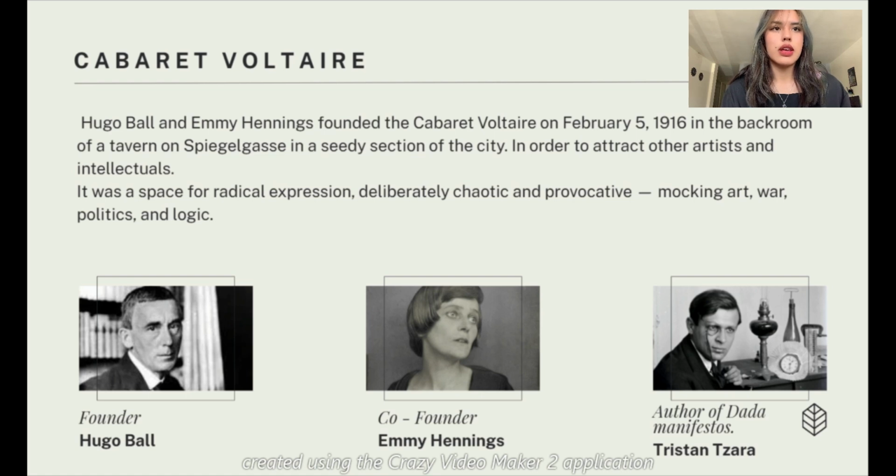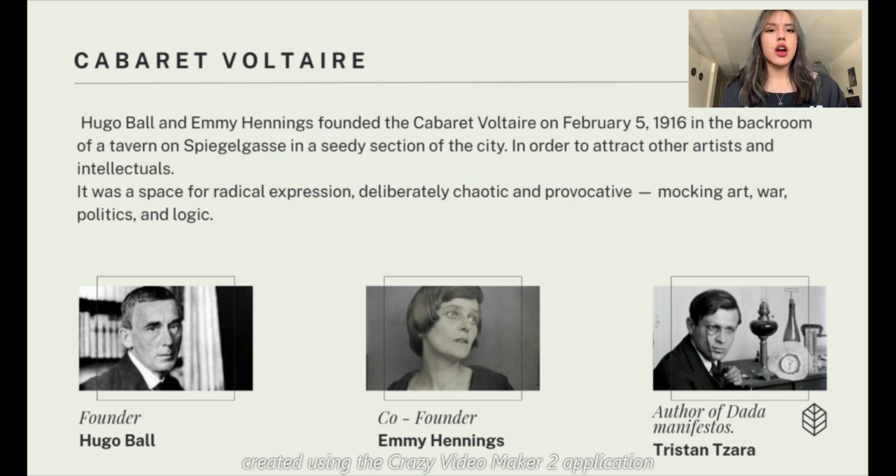Hugo Ball's purpose was to attract intellectuals and artists to come, and for this he put out a press announcement to invite them to come and make artistic entertainment.